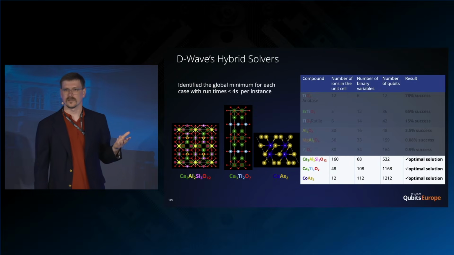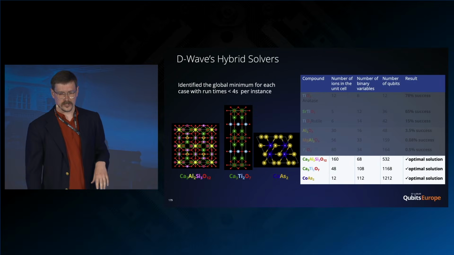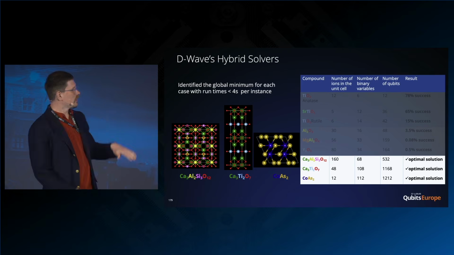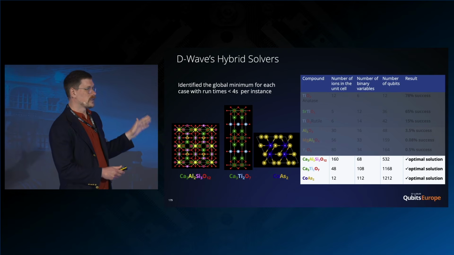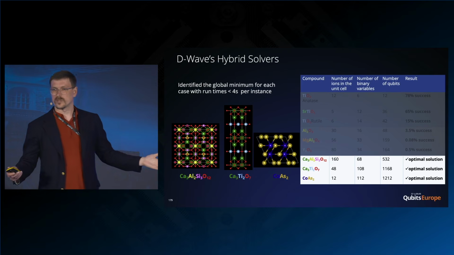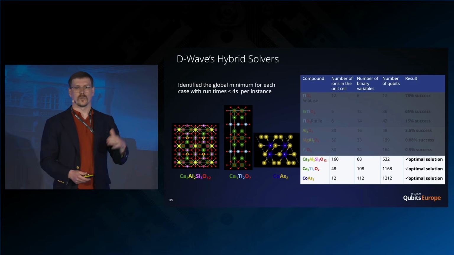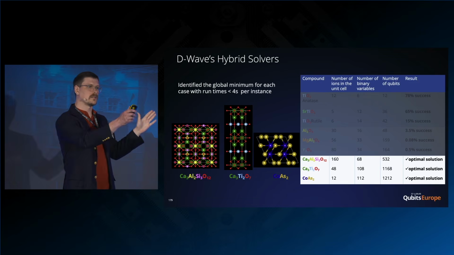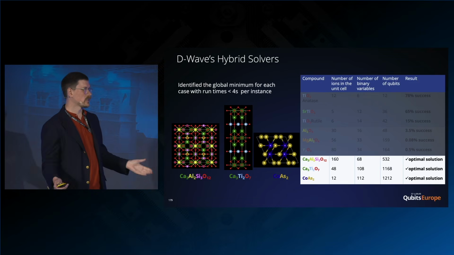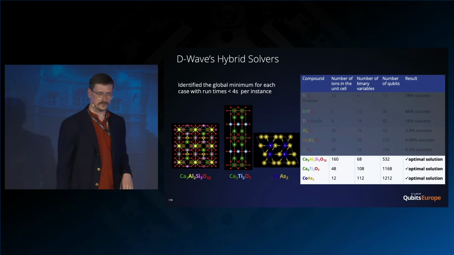So if you simply call a hybrid solver, then there is no problem. You can still do this job in 4 seconds, right? So it allows you to mitigate some of these issues. But in many ways, it's a work in progress. We haven't optimized it for D-Wave specifically. We just took our modeling and applied it here, and we can actually do our predictions.